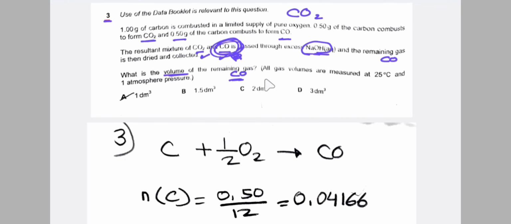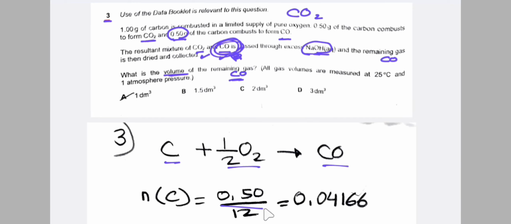First of all, we need to write a balanced equation, that is carbon reacts with a limited supply of oxygen to form carbon monoxide, and to find the volume of carbon monoxide, first we need to find the number of moles of carbon. We know that 0.5 gram of carbon forms carbon monoxide and 0.5 gram forms carbon dioxide.